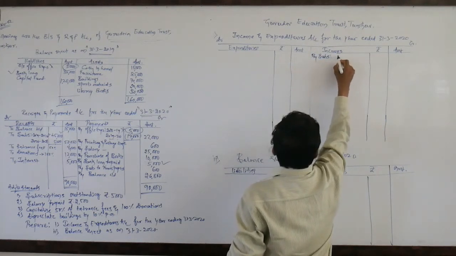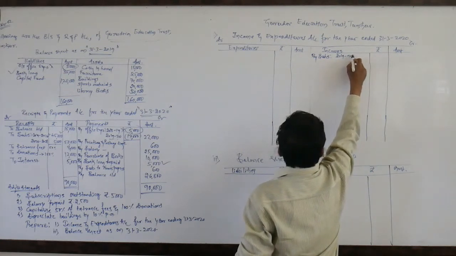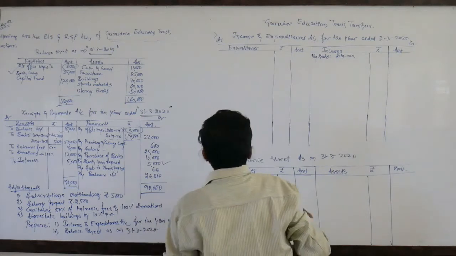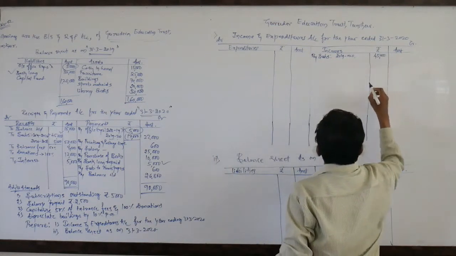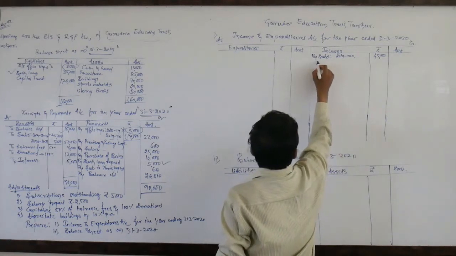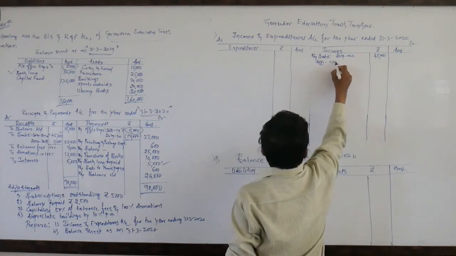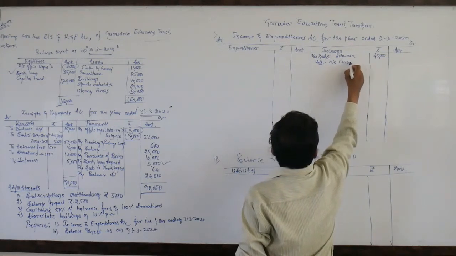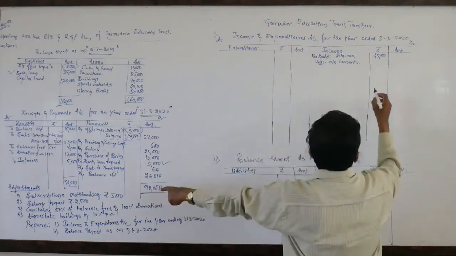Need to write on the income side by subscription for the year 2019-20. How much we have received? 45,000. We need to add outstanding current year. The amount is rupees 5,000.